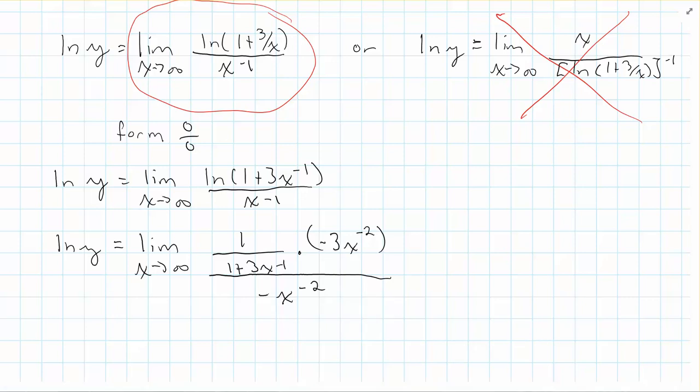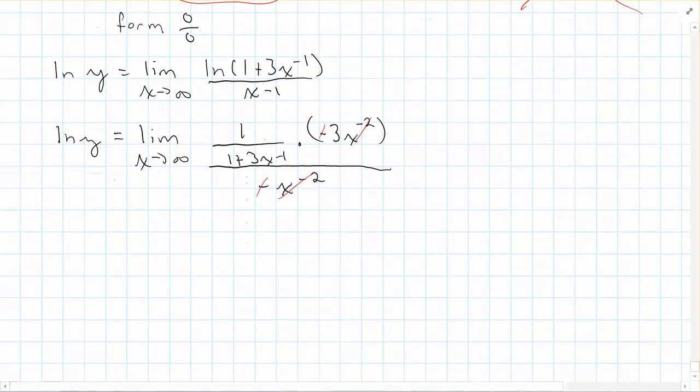Now let's see what we can simplify here. Well, the negatives cancel out and these x to the minus 2's cancel out. So then what can I do here? I can write this as the natural log of y is equal to the limit as x goes to infinity of 3 over 1 plus, and I'll go ahead and rewrite this as 3 over x.